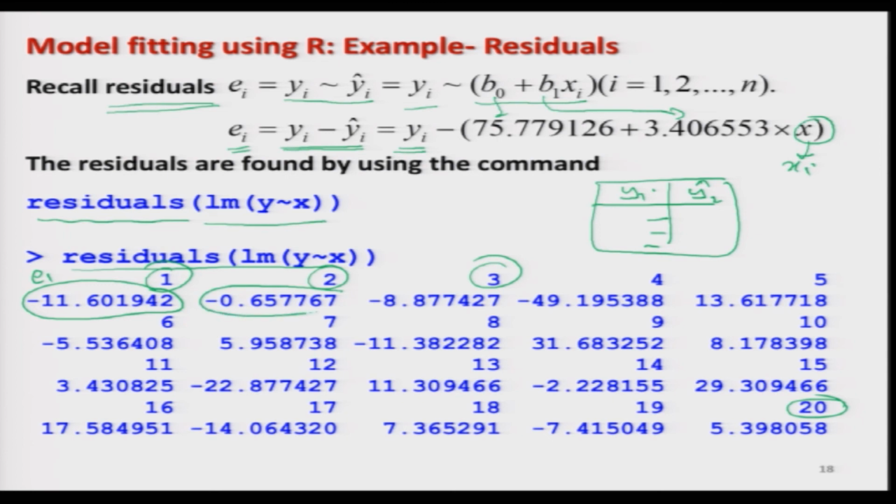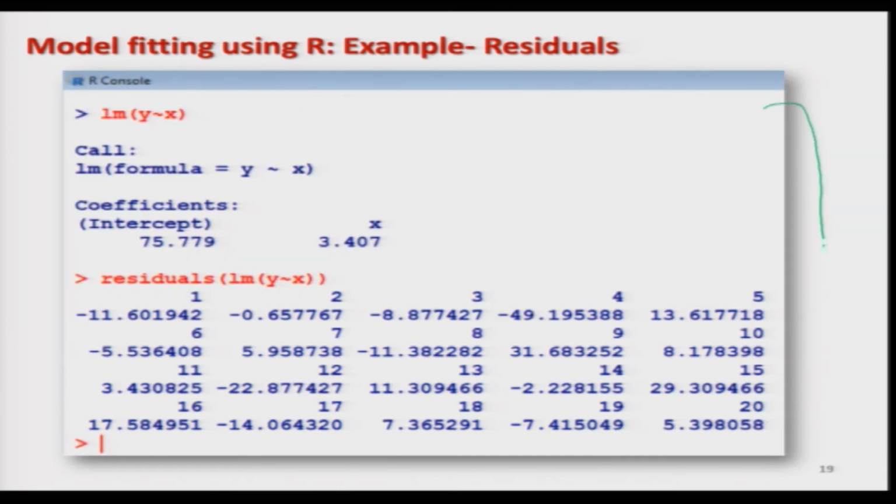Similarly, the second value is E2, the third value is E3, and the last value is E20. So we have now obtained E1, E2, up to E20, all the residuals, and this is the screenshot of the same thing.